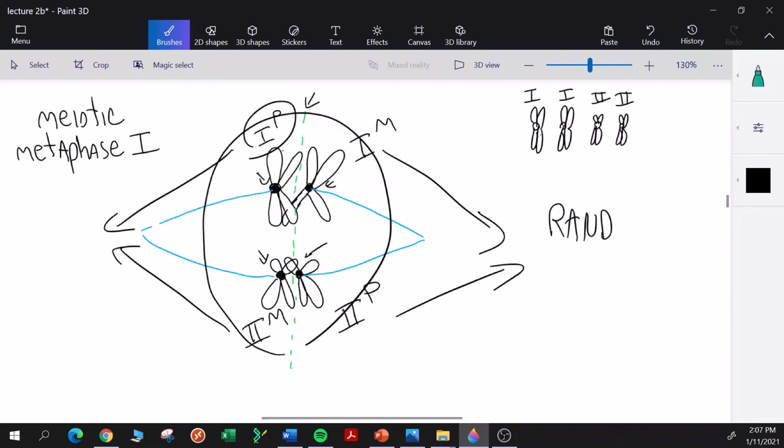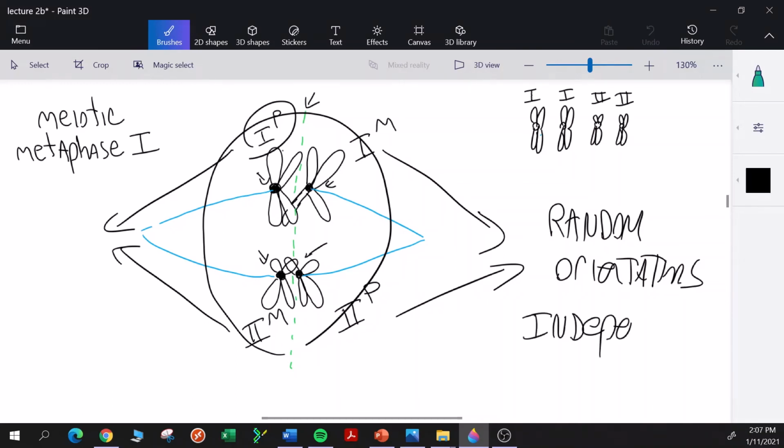So we'll call that random orientations, or random arrangements, of the tetrads on the metaphase plate. That process is completely random, and that leads to independent assortment. We will talk about independent assortment next week.